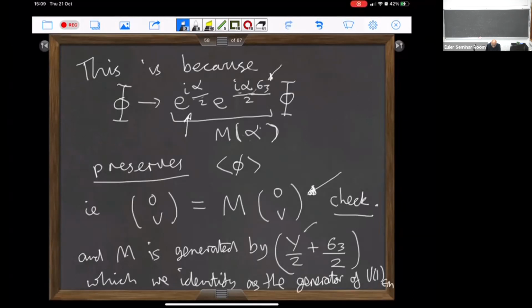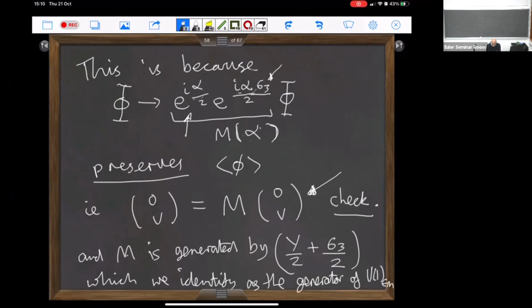But we put the y in because when that particular matrix acts on the other fields, the value of y will be field dependent, depending on which representation they transform in. So this explains our previous formula that electric charge, the U1 electromagnetism, is generated by this particular combination of Lie algebra generators.